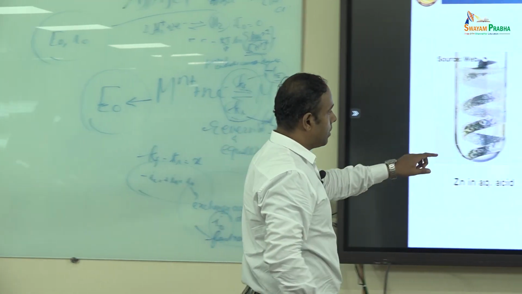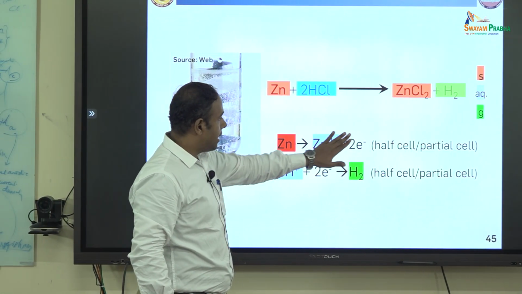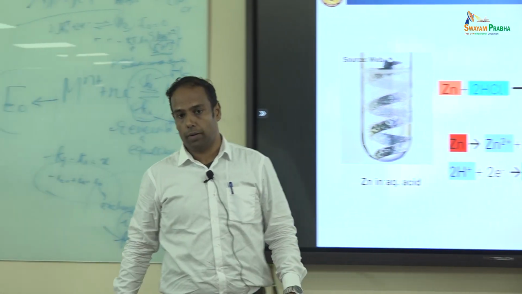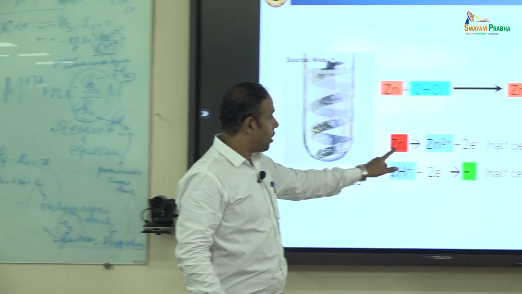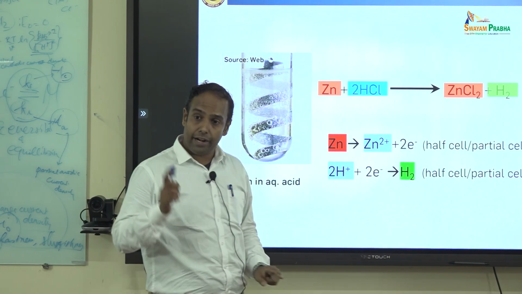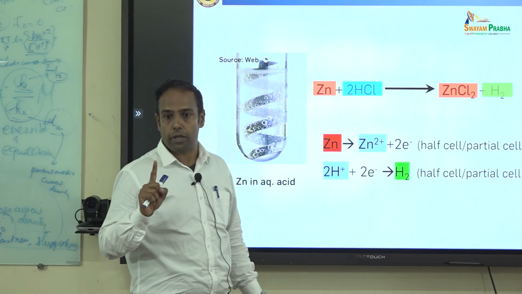Now, assume that the electron given by the zinc is not consumed by the proton. This probable reaction would have been in reversibility, so it would have had an I naught value and an E naught value.